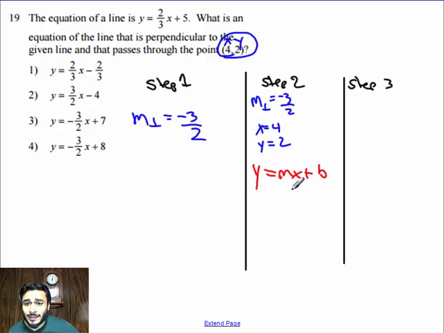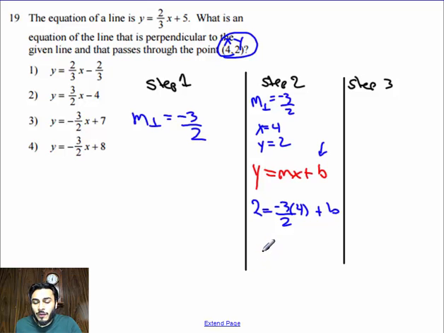When you plug in to solve for b, a lot of people assume that b is 5. No, that's the y-intercept of the original line, but we're looking for another y-intercept. So when we plug in, we get 2 = -3/2 times 4 + b.